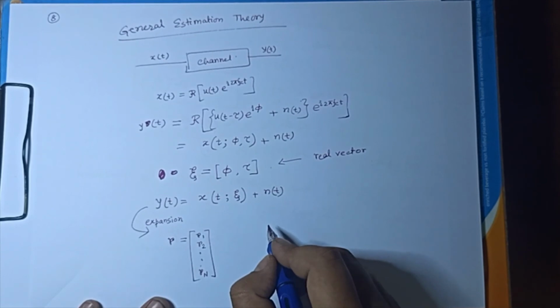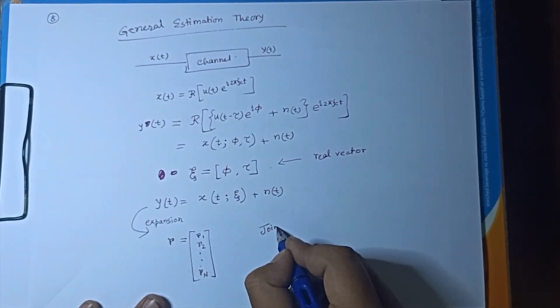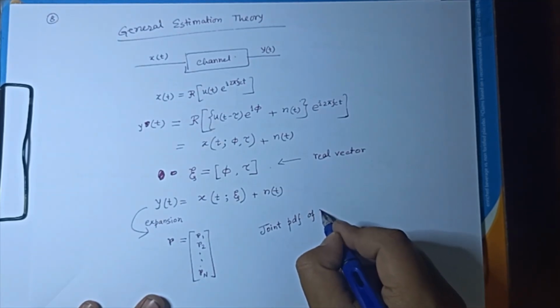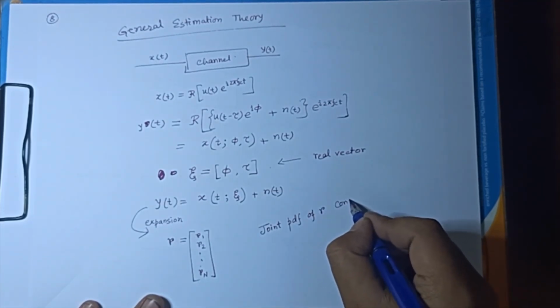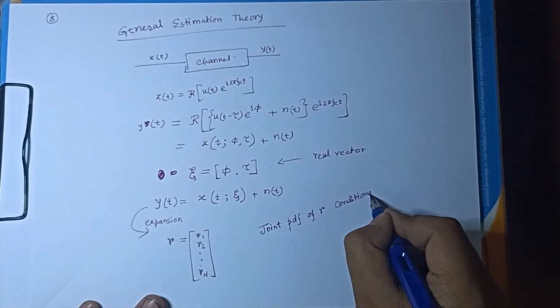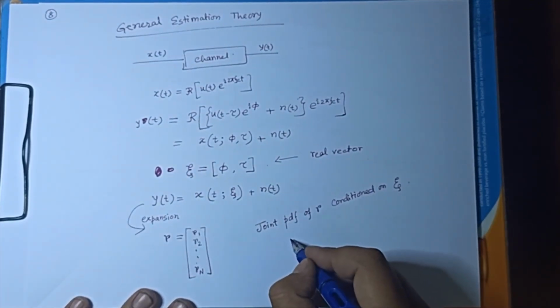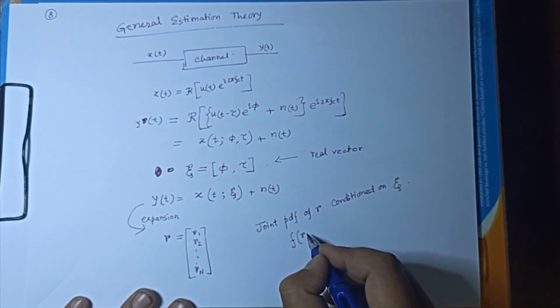Then what can I find out? I can find out the joint PDF, the conditional PDF of R conditioned on xi. So that I can write as f of R given xi.